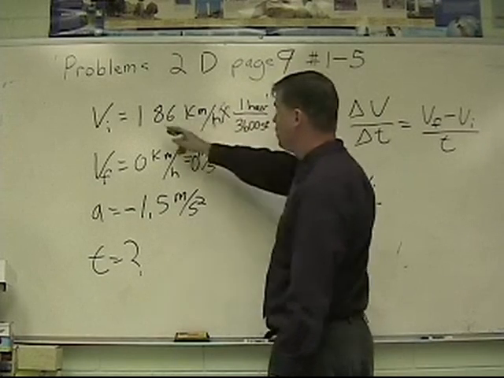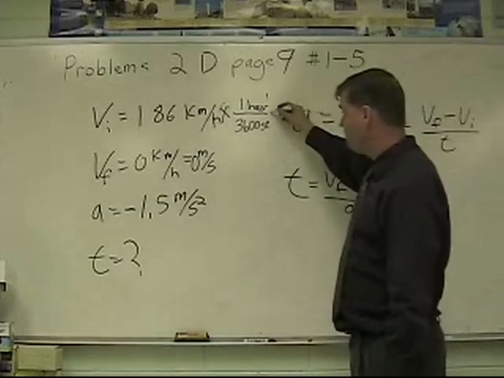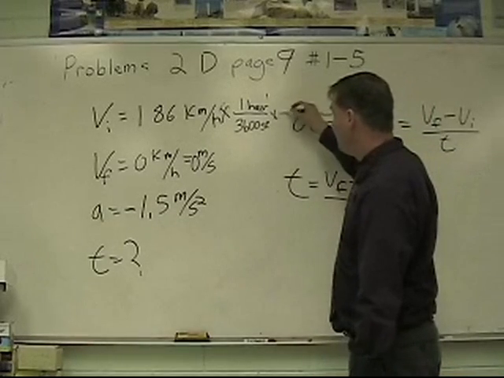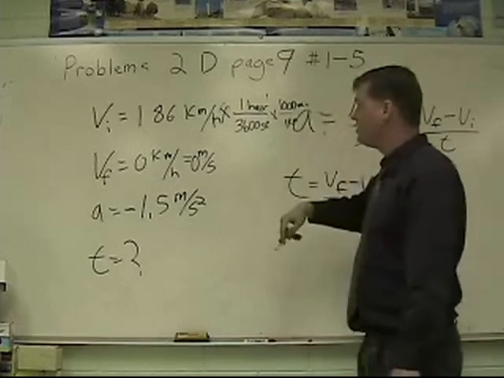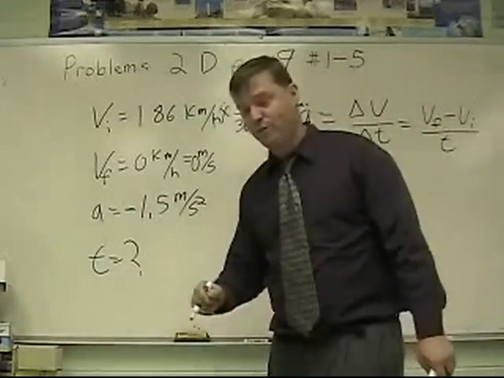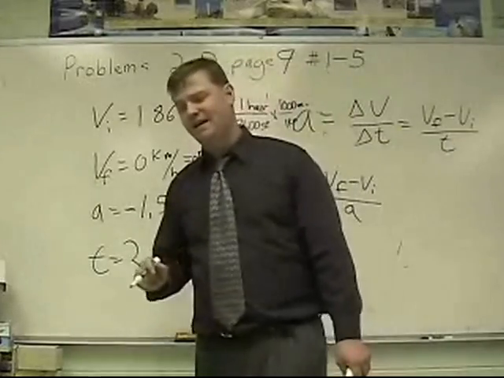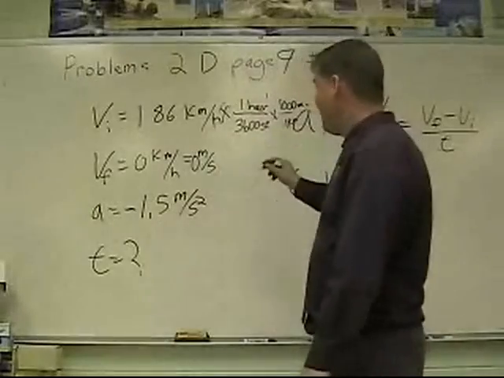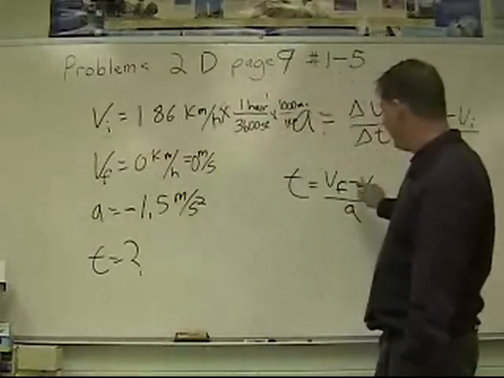3,600 seconds. So 186 divided by 3,600. And then times, we have in 1 kilometer, 1,000 meters. So 186 times 1,000 divided by 3,600. Either way we get it, but we just solve this to find what our initial velocity is.